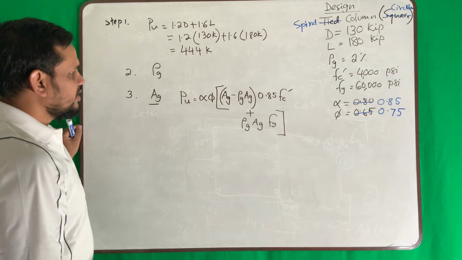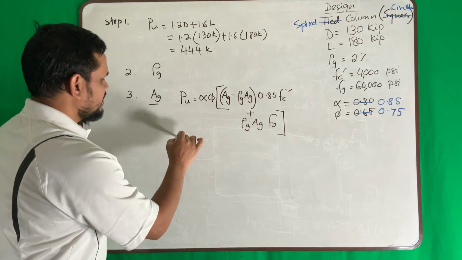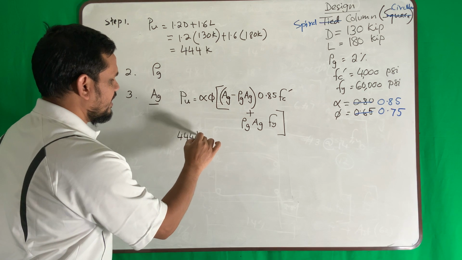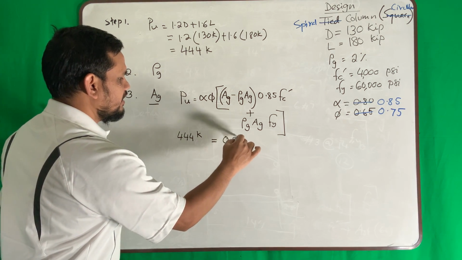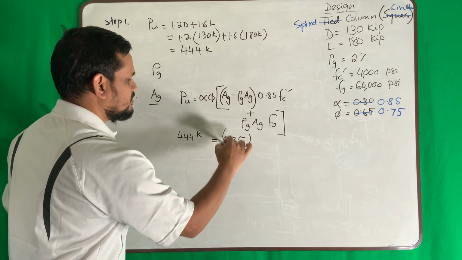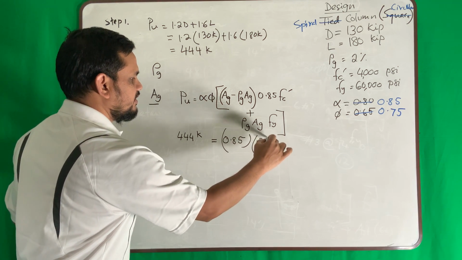So from this equation I will calculate AG. So this value is 404 kip equals 0.85, 0.75.